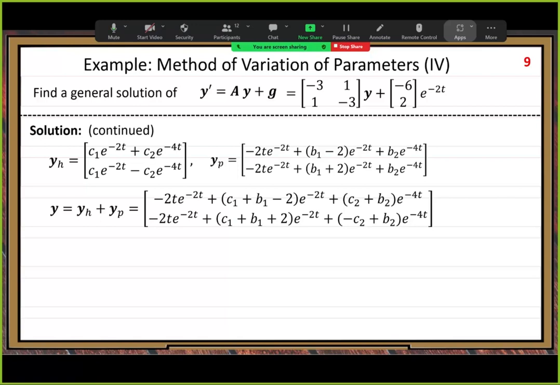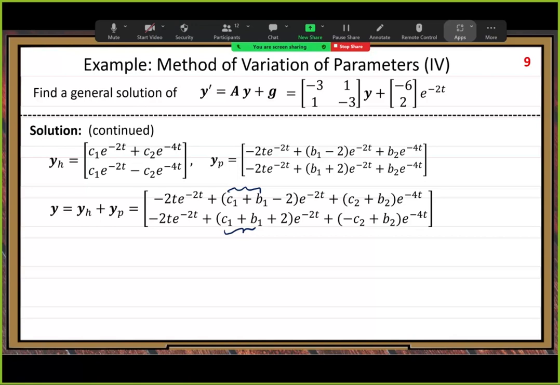Yes, good, you get it, because in this way we eliminate one. Let us just use C1. We don't need B1.